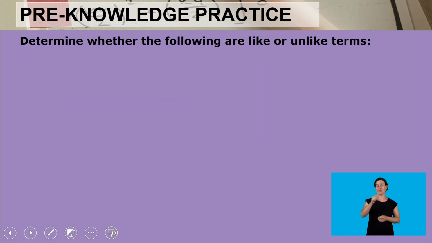Now, let's look at the following expressions and determine whether they are like terms or unlike terms. We're going to start with 5x and 9x. Are they like terms? Yes, they are like terms, because they have the same variable as a base, and those variables have the same exponent, which is exponent 1. What about the next two terms?